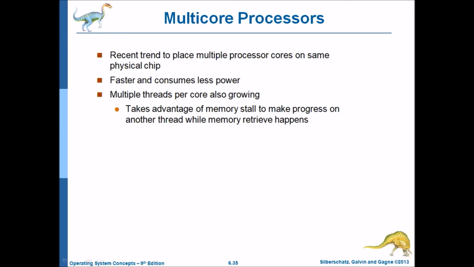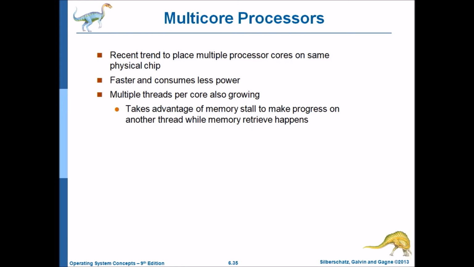Here, each core maintains its architectural state and thus appears to the operating system to be a separate physical processor. SMP systems that use multi-core processors are faster and consume less power than systems in which each processor has its own physical chip.